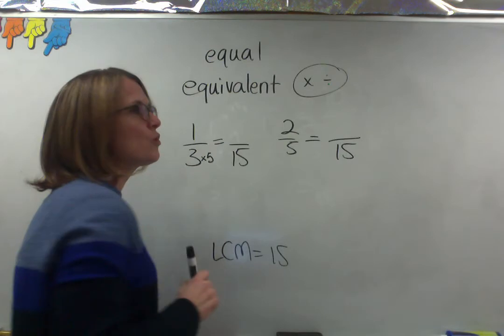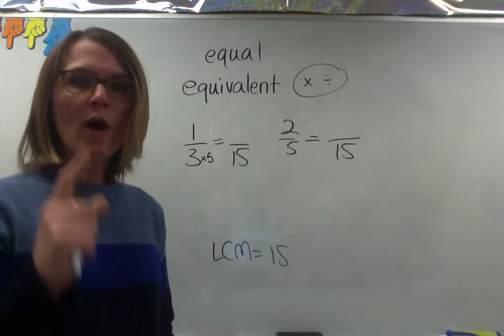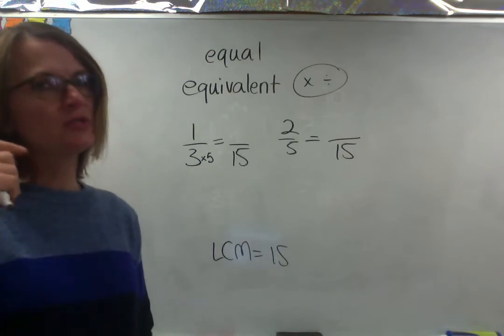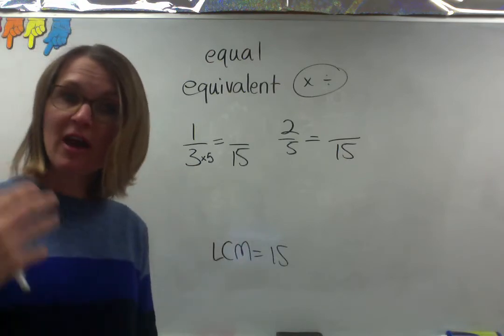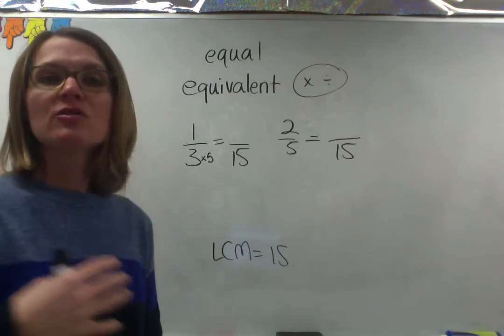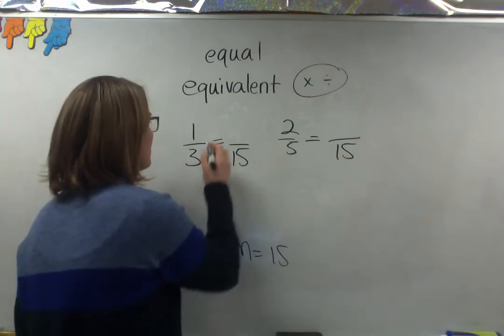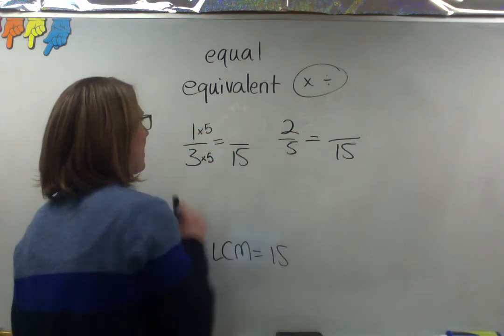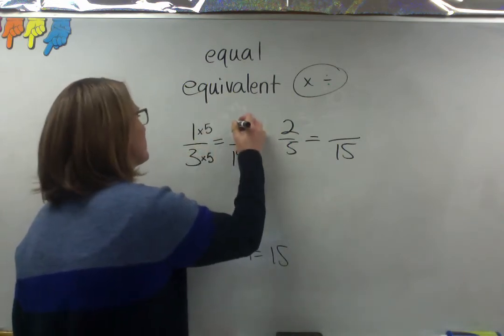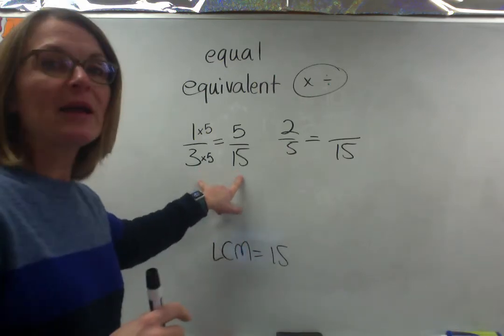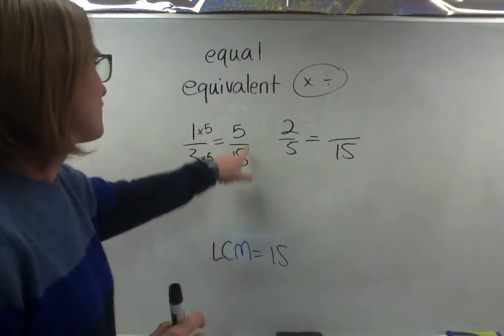So, the rule of equivalent fractions: whatever you do to the bottom, you must do to the top. And whatever you do to the top, you must do to the bottom. So if you multiply the bottom by 5, you also need to multiply the top by 5. So 1/3 becomes 5/15.